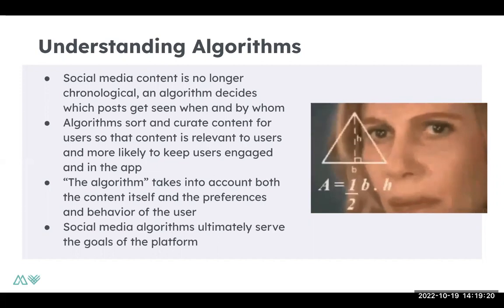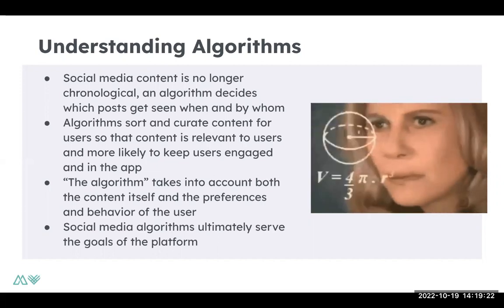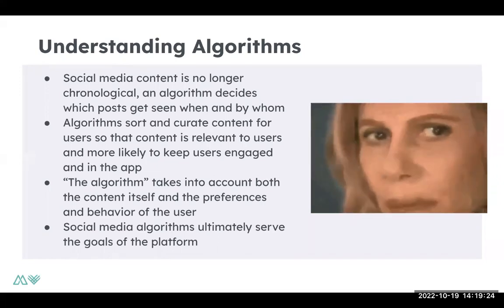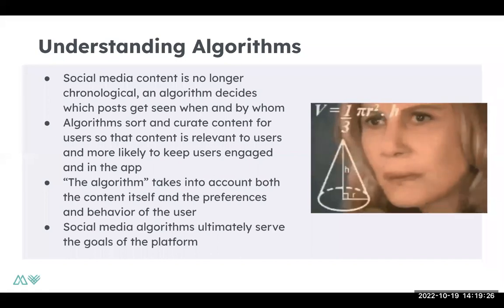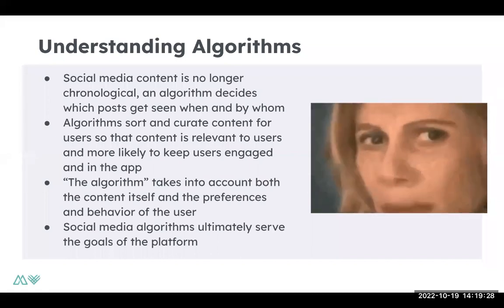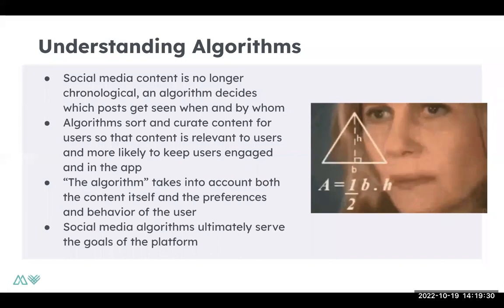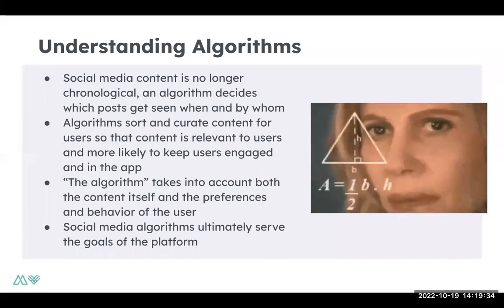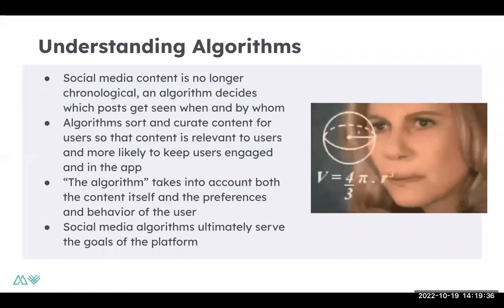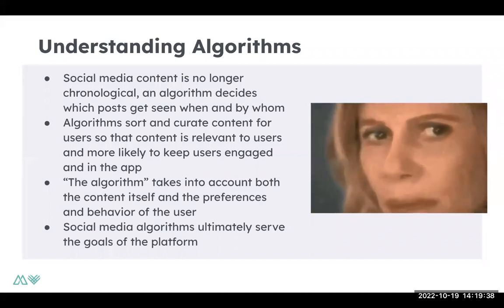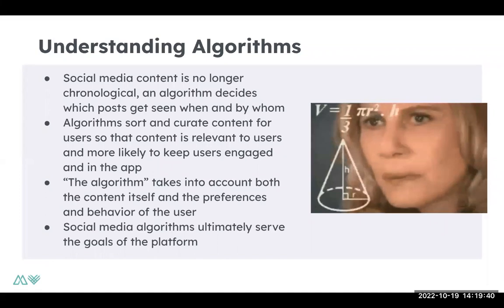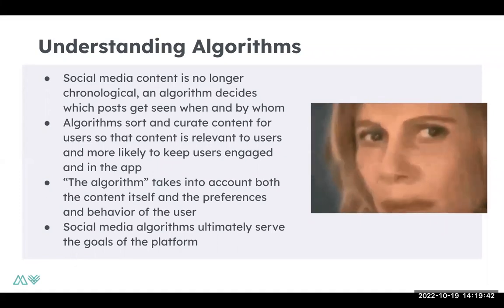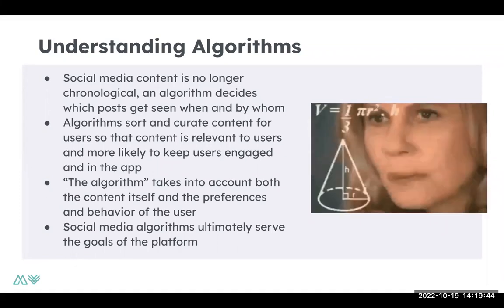They curate the content based off the relevance to you personally, based off your friends, your family, your contacts, and how they've engaged with content on their application. The overall goal for social media platforms is to keep you on their app. So they're trying to find the best content to engage with you as a user.